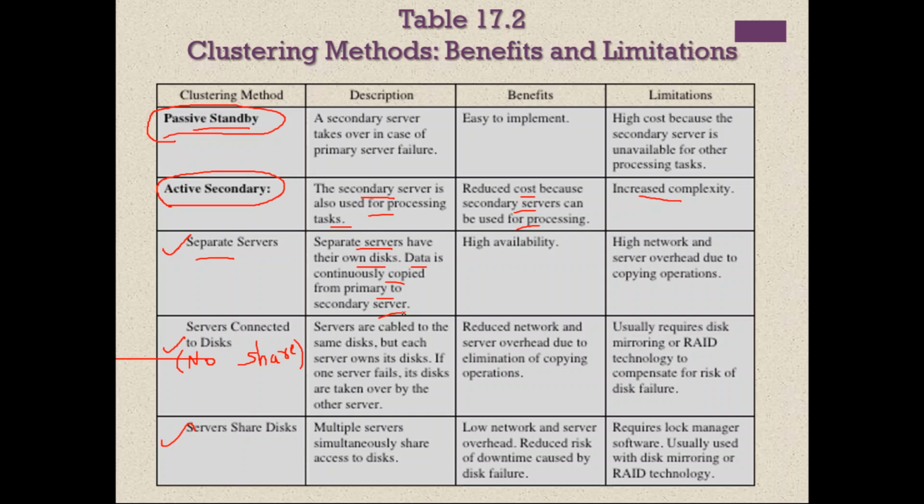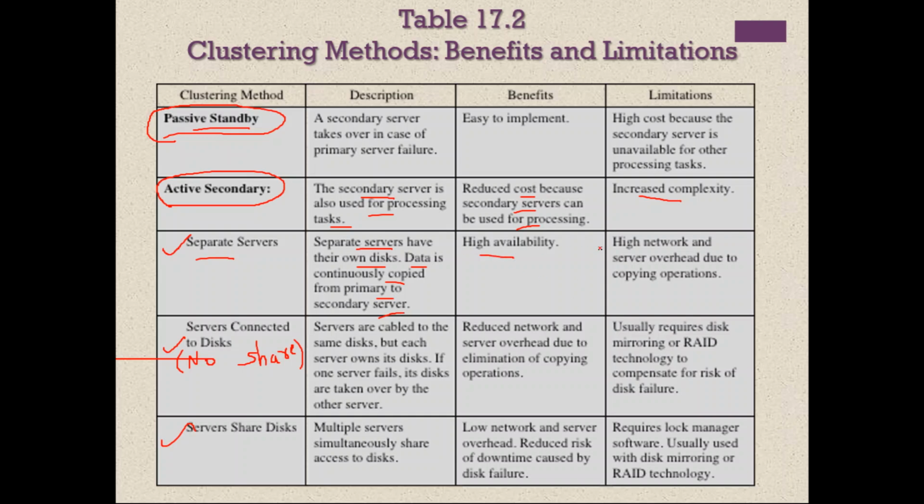Say for every half an hour or every 1 hour, the data from the primary server will be copied to the secondary server, so that if the primary server fails, then the secondary server can function with full resources like the primary server. The advantage is high availability.